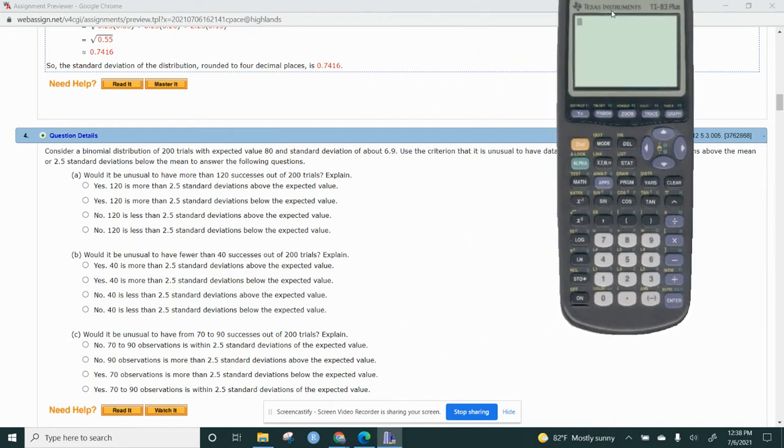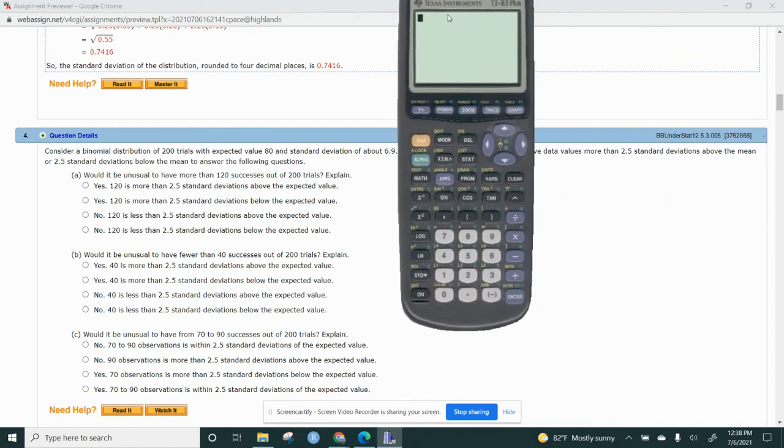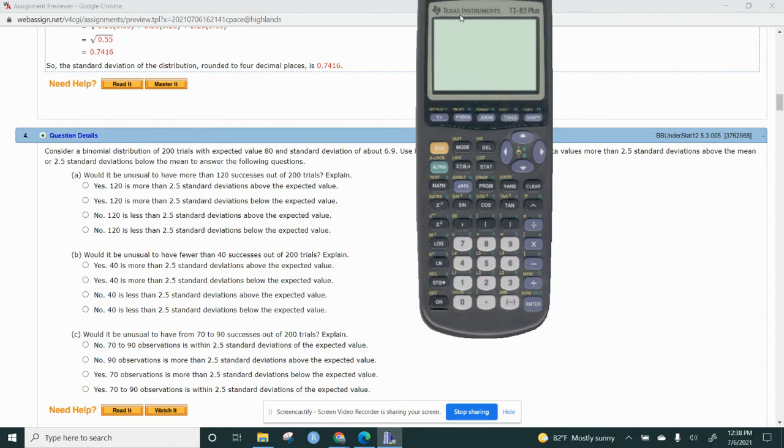So remember, they said my expected value was 80 and my standard deviation was 6.9. So I'm going to do 80 plus 6.9, which is my standard deviation, times 2.5, because that's how many standard deviations they wanted to know above the mean.